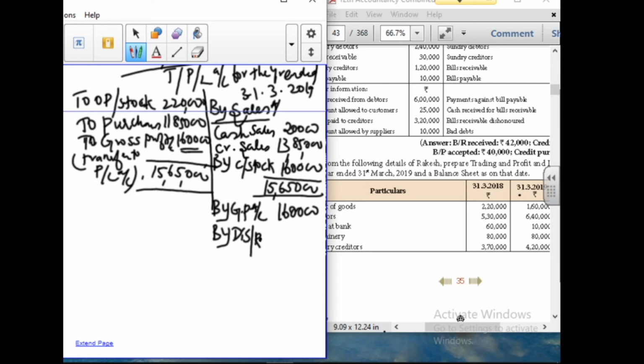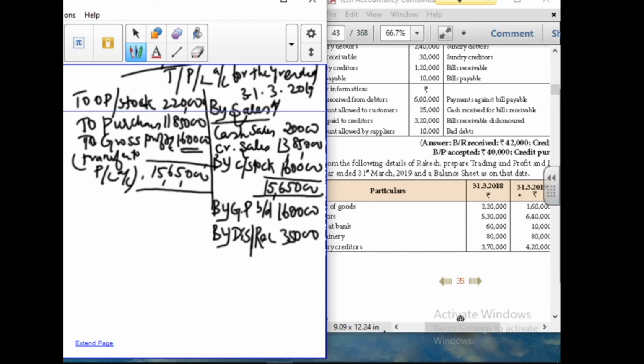It is a discount account, don't forget to write it. Sorry, by gross profit transferred. We have to write gross profit brought down. This is the information. Discount received only.